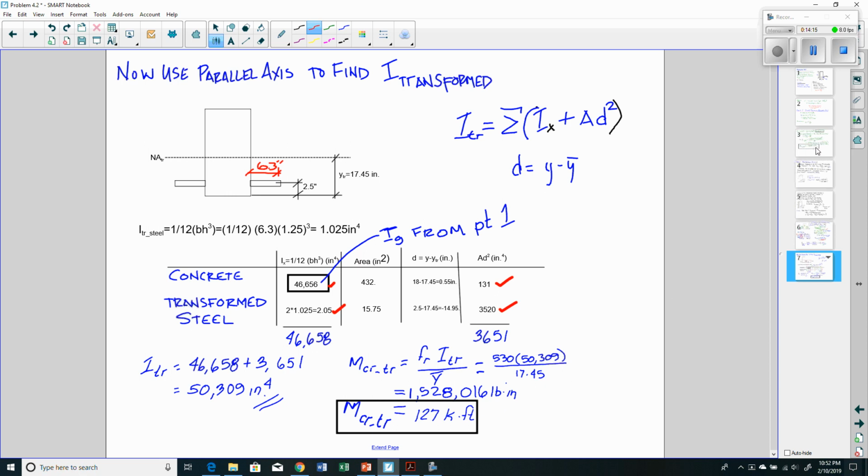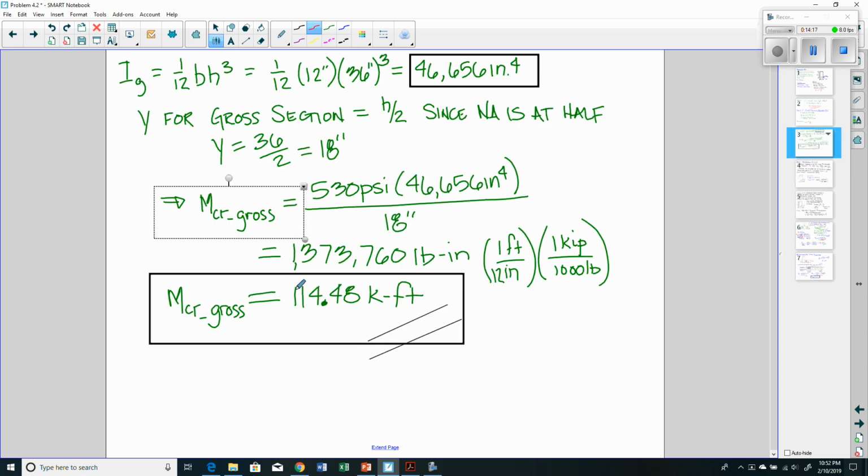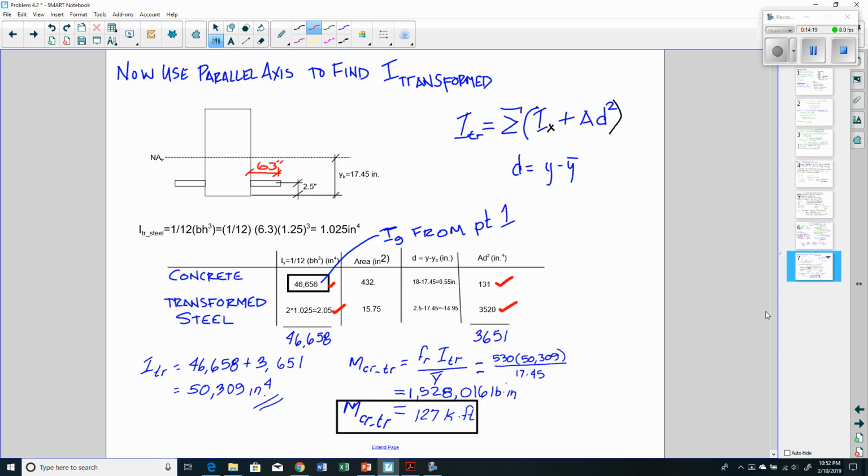Now come back and compare that with the 115, let's just say. Let's write that in here: cracking moment, gross, is equal to 115 kip feet.